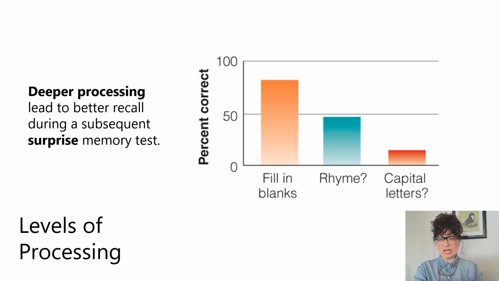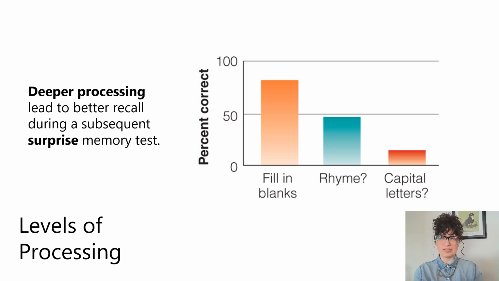So what is shallow processing and what is deep processing? Well, according to the theory, deep processing leads to better recall during a subsequent surprise memory test. So it's a circular argument here, right?